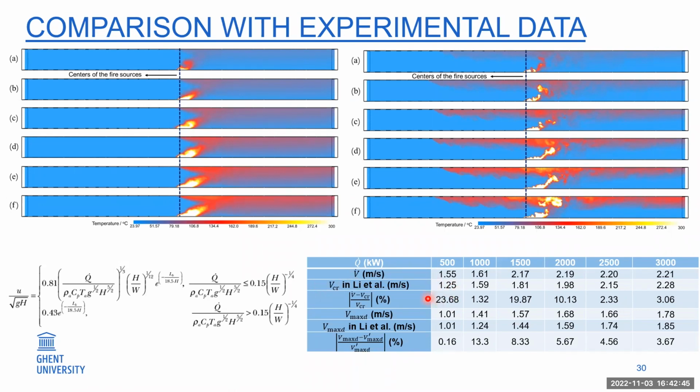You can see the maximum relative error is around 23%. And the second experiment data we can compare is the ventilation velocity at the maximum distance the smoke can spread.